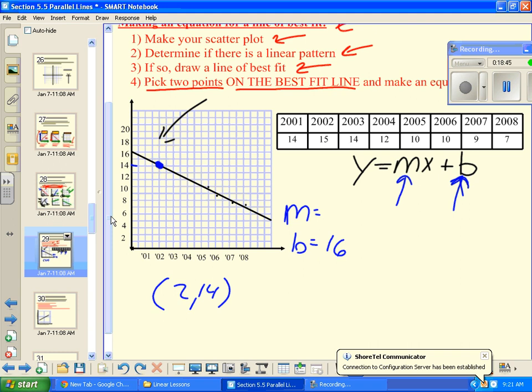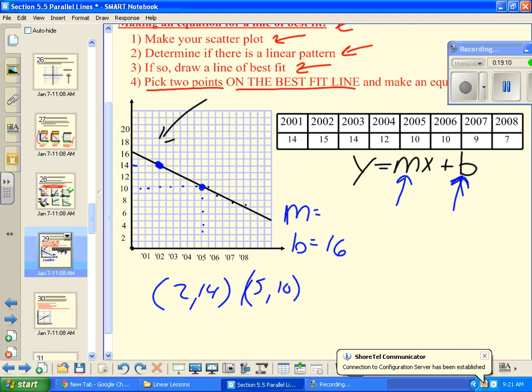So (2, 14) is one of my points. And then looking for some other point, as I go down to right here, 5. In 2005, they had, let's say, about 10 wins. If I follow that over, that's pretty close. So 2005, and they had 10 wins. There could be my 2 points.